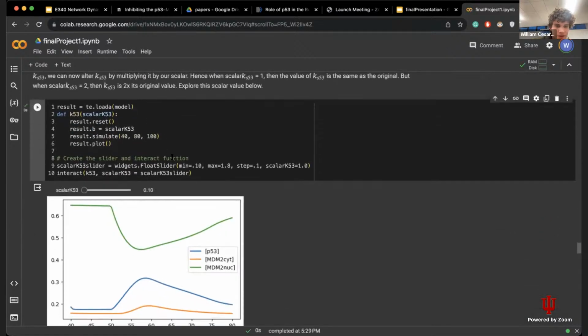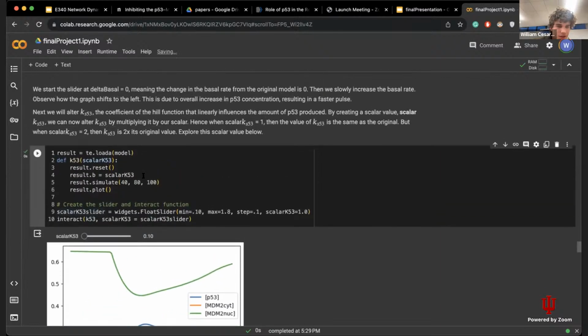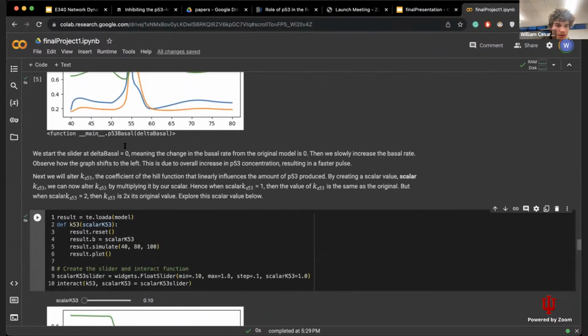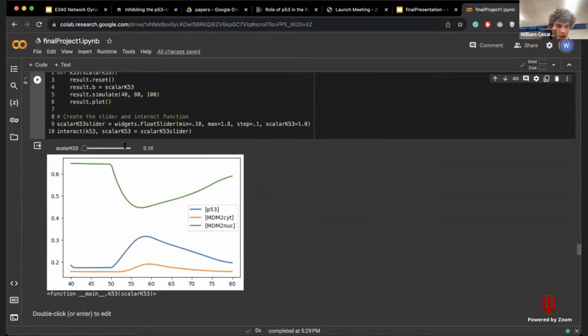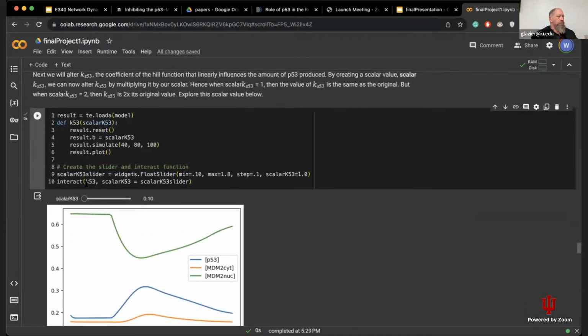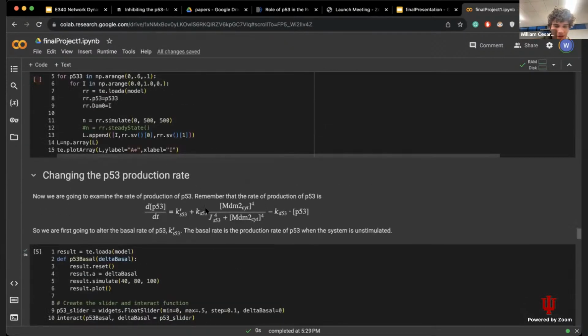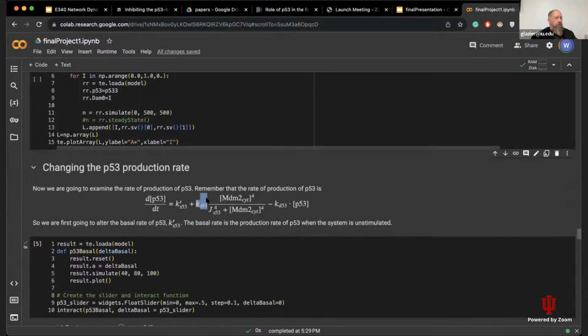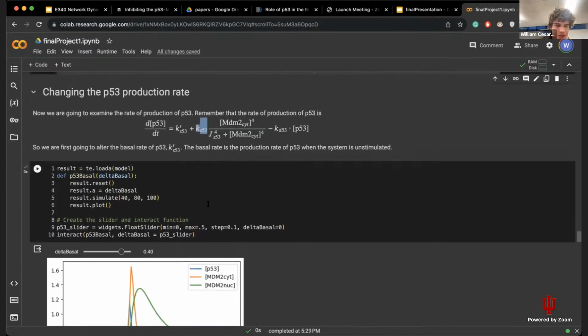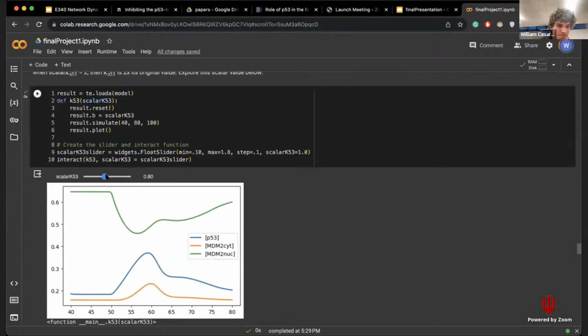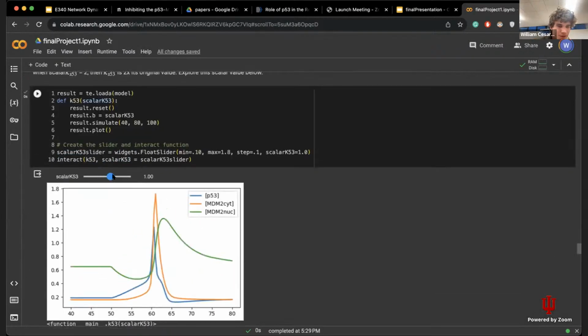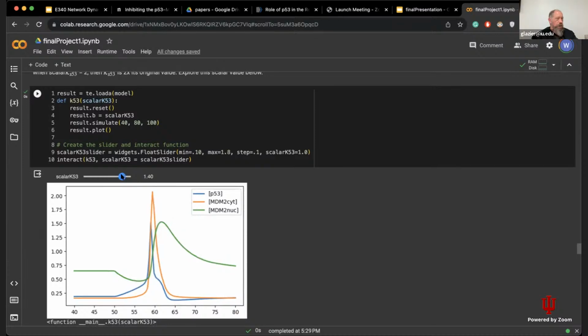Then I changed another rate. I should have the equation right here. Here, I changed this production rate, the level of activation by the level of MDM2 activation. That's the default, and then, yeah, that's pretty neat.